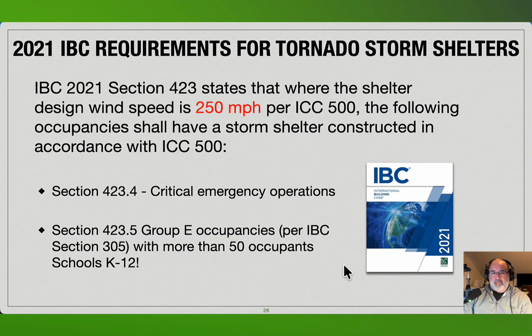And IBC 2021 Section 423 states that the shelter design wind speed is 250 miles per hour per ICC 500. The following occupancies, again, have a storm shelter constructed: critical emergency facilities, Group E occupancies, and so on. And you can see the sections there.